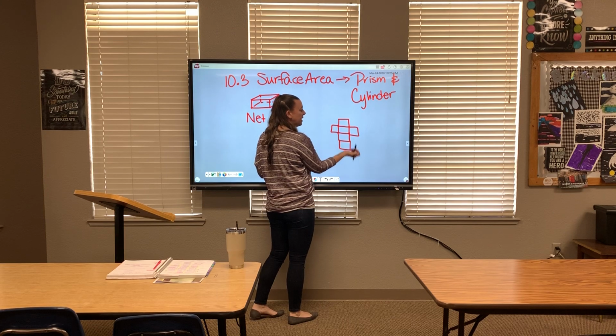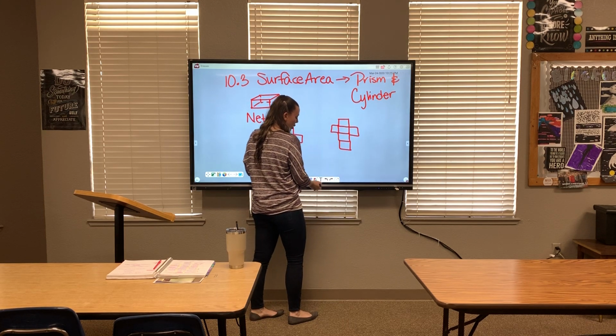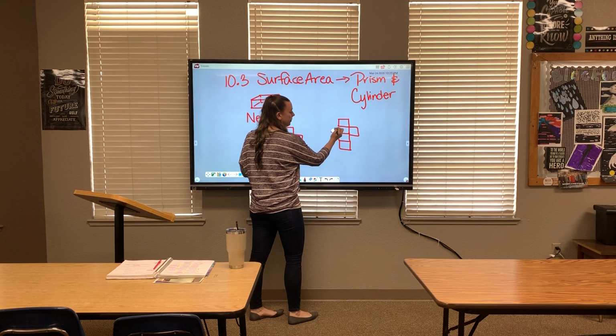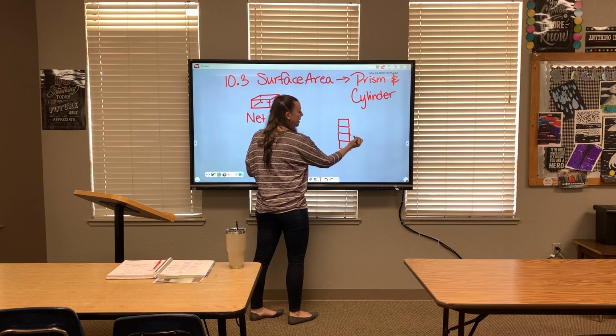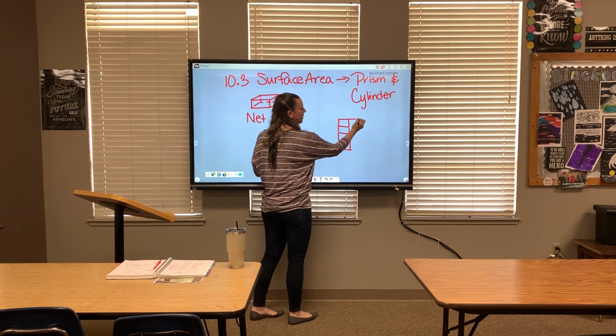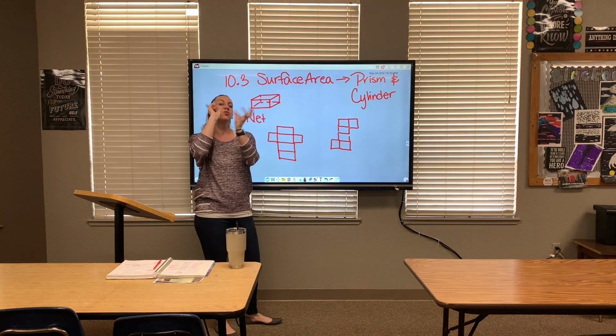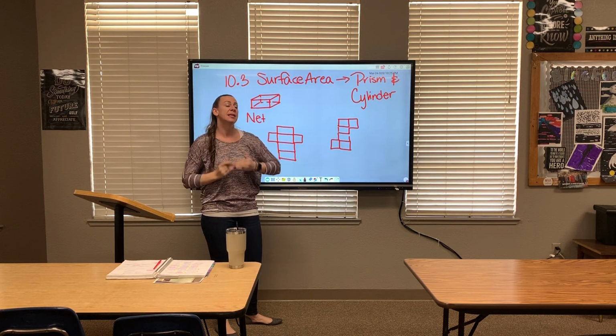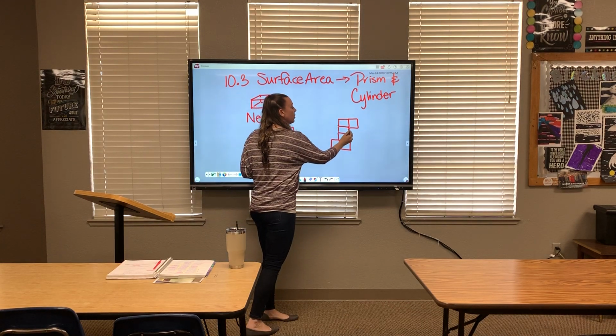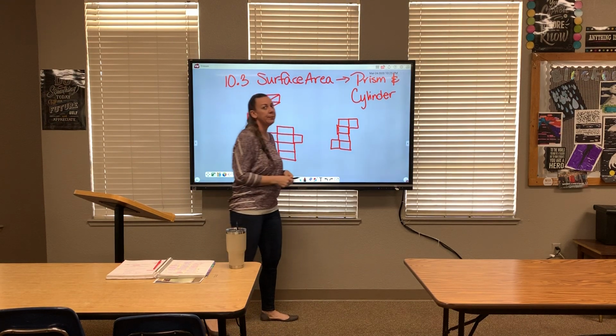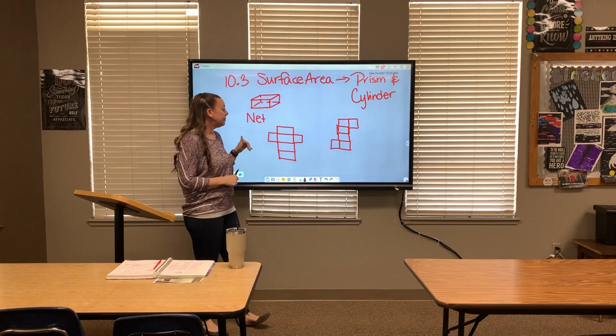And you can put the edges there, you could put them up here, one could be up at the top and one could be down at the bottom, as long as they're on opposite sides, because once you roll it all together and then you were to fold the sides in, that's what it would look like. So these are called nets, okay? So we'll start with the net of a prism.